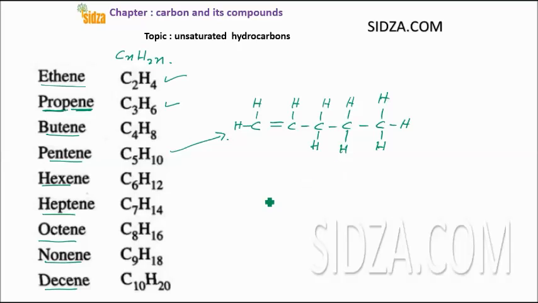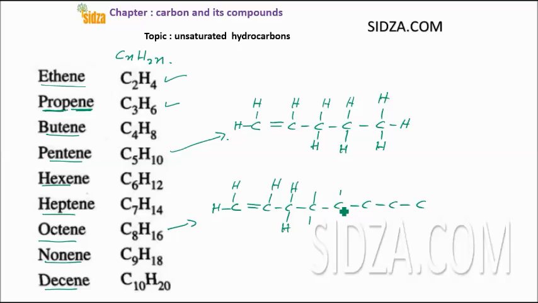You can draw any molecule. You can draw octene also, right? So octene, there are 8 carbon atoms. So I'm going to draw 8 carbon atoms: 1, 2, 3, 4, 5, 6, 7 and 8. And let's have one double bond anywhere, right? Let's say it's here, and I'm going to add the hydrogen atoms here, right? One here, one here, so 2 to this carbon, 1 to this one, 2 hydrogen atoms over here.